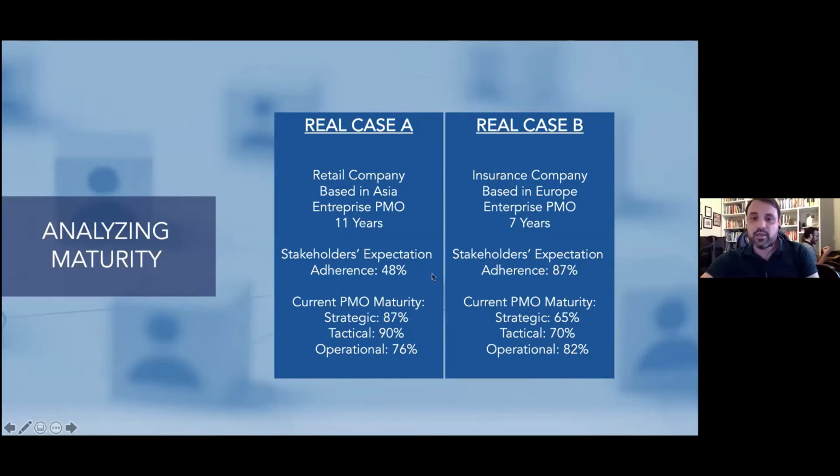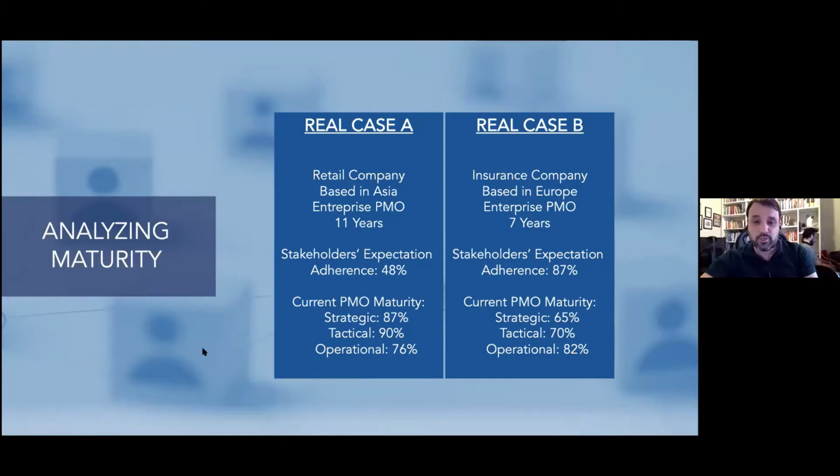So what I'm trying to say is, being strategic, tactical, or operational is a matter of expectations. Now, maturity means how much you are able to deliver perception of value, because you are delivering what you have to deliver at a high level of sophistication. That's the idea of PMO maturity.